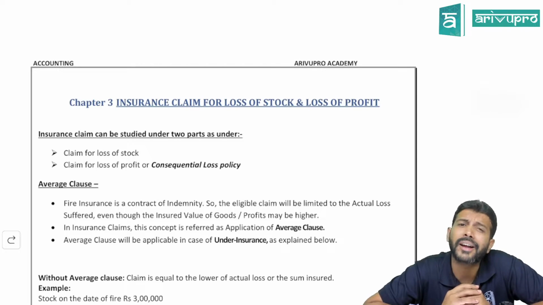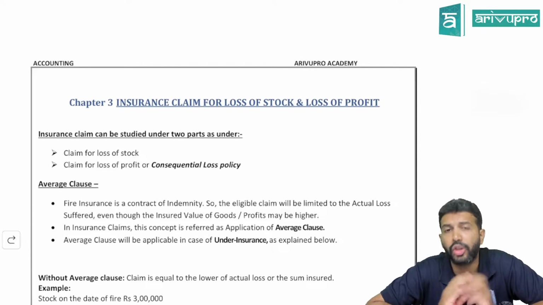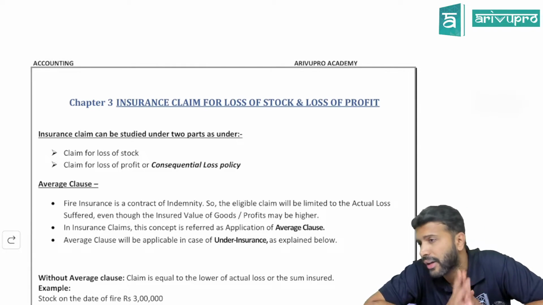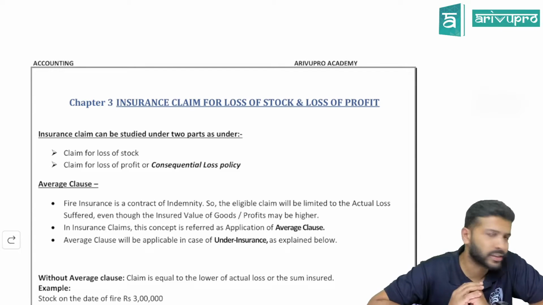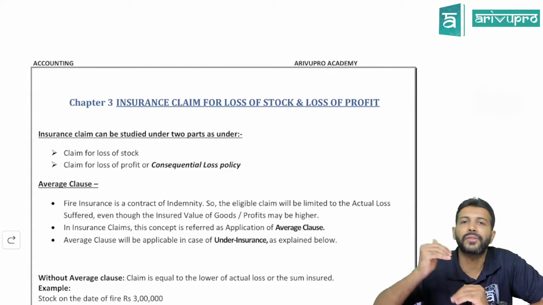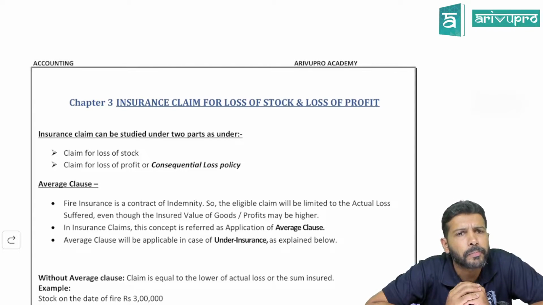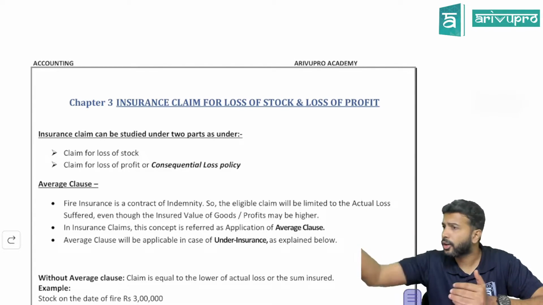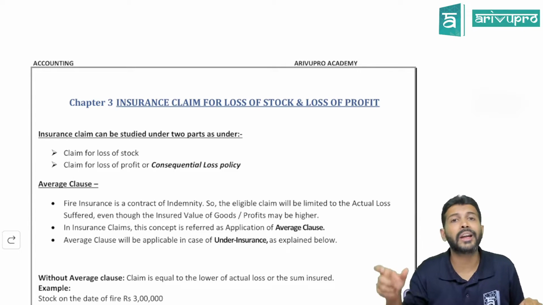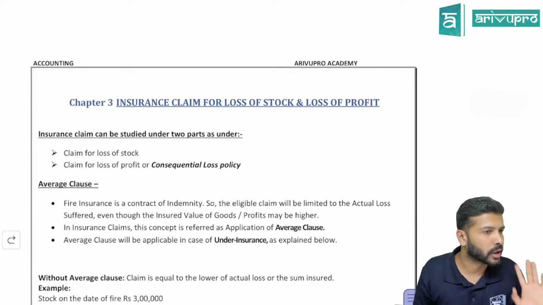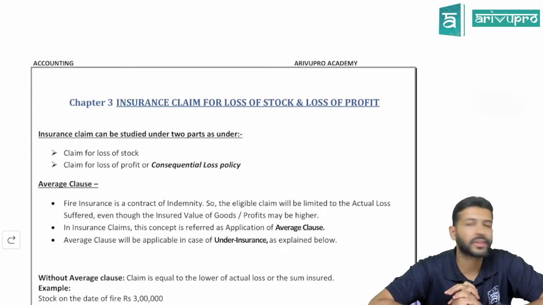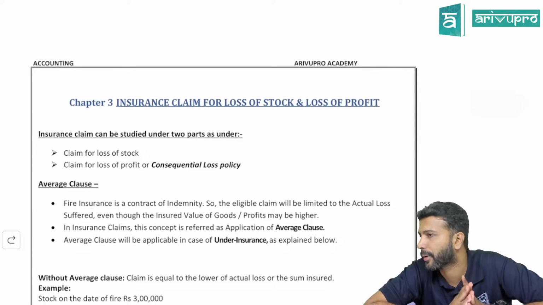Would they like to take that bigger risk? No. Normally the stocks will be insured. If it is insured stock and if that goods are destroyed, what do you think the company will do? They will try to claim that stock value from whom? From the insurance company.